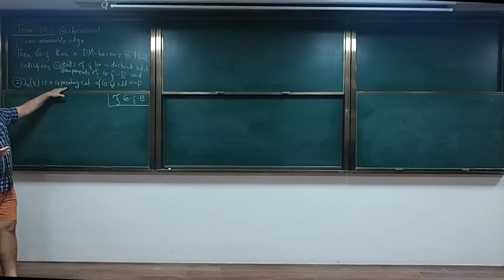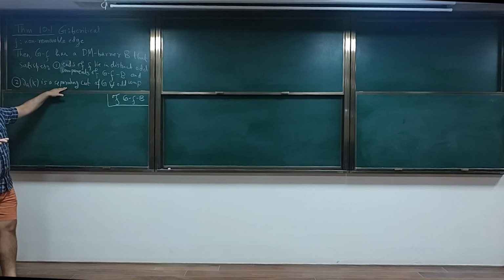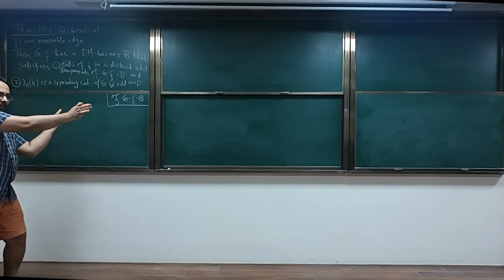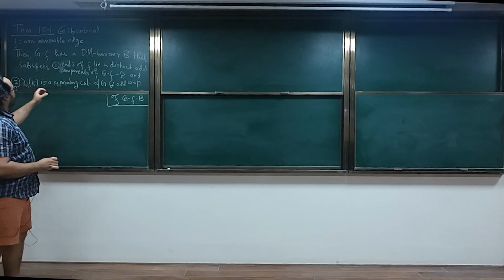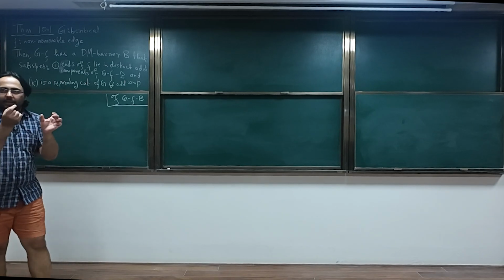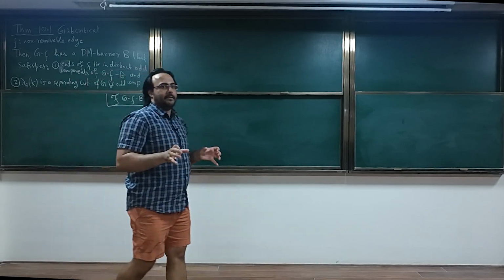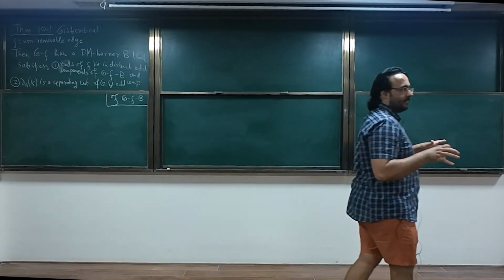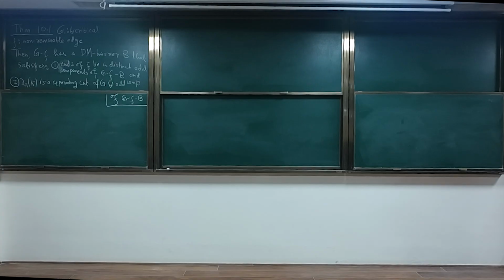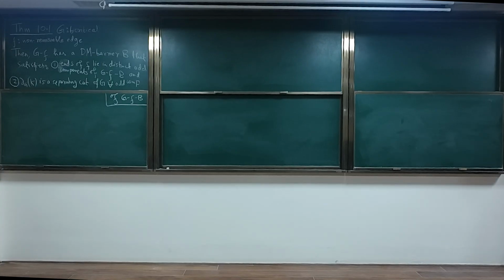And then what we did is we considered two non-removable edges that are adjacent, and then we concluded that in this case there are actually no even components. The two barriers for the two different edges, right? They have only one common vertex, and we were able to get a lot of concrete information in that setting, right? But the result itself that we used is actually for all bicritical graphs with regards to any non-removable edge.